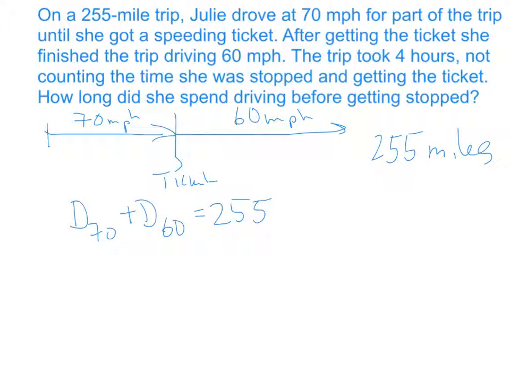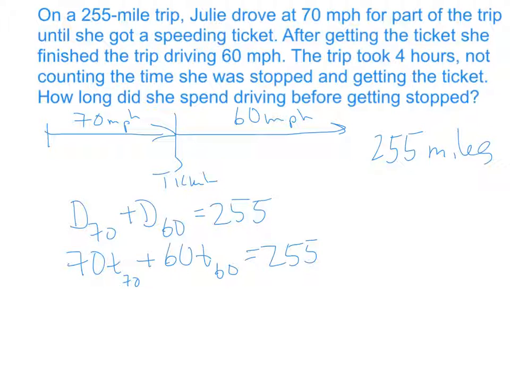And the distance going 70 miles an hour is the rate times the time, so it's 70 times the time, and we'll call it t sub 70, plus 60 times t sub 60, and that equals 255.